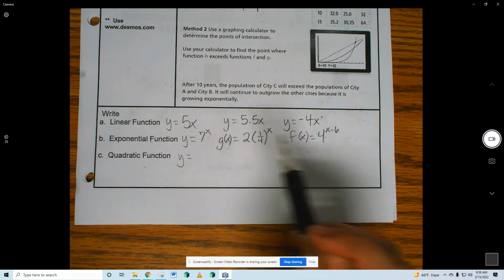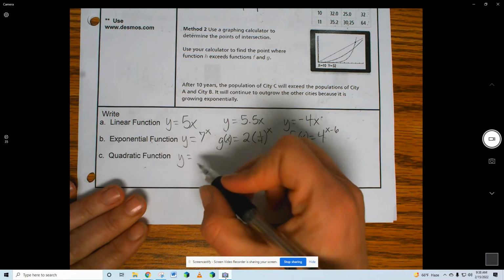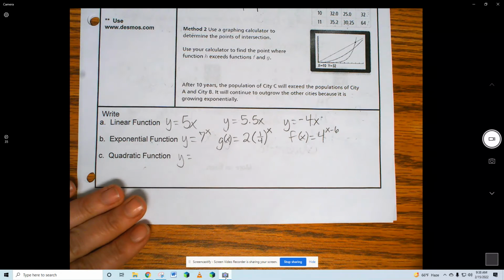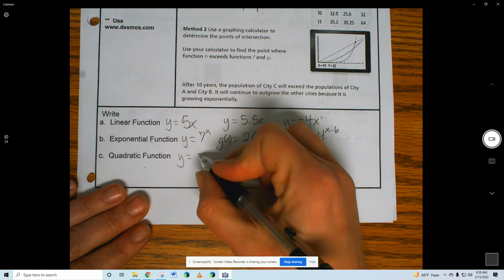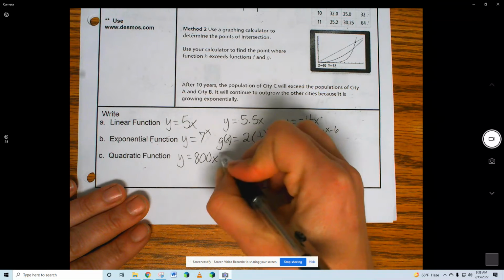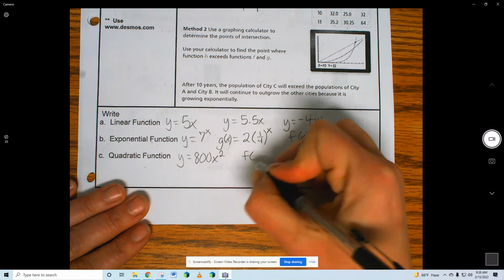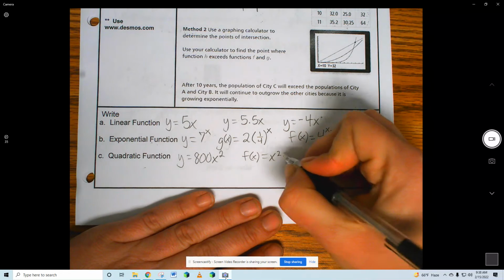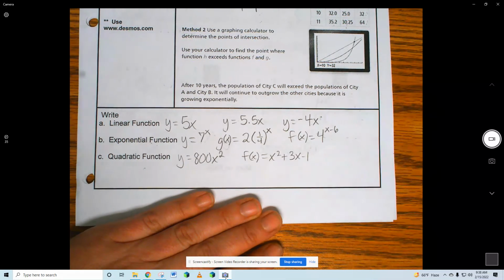What's quadratic? No 5s and no 7s and no 4s. Give me all new numbers, guys. Decimals, any fraction. 800x squared. Sure. You can even do a parabola. Remember? X squared plus 3x minus 1. Trinomial.